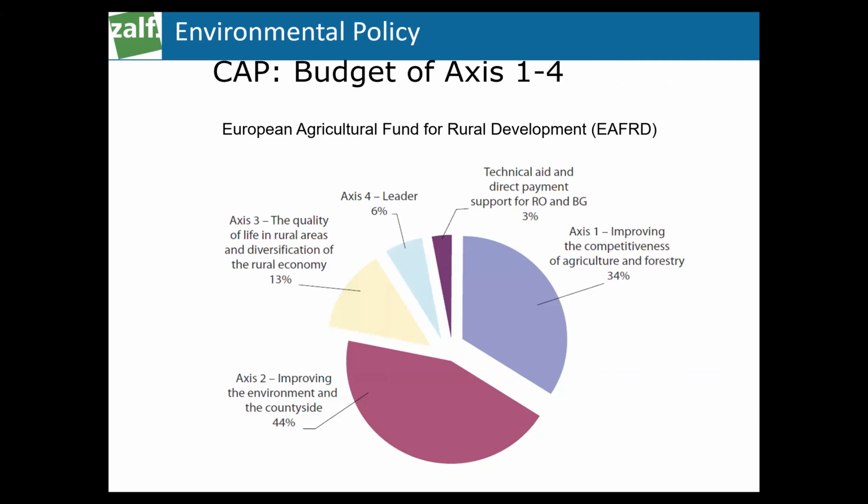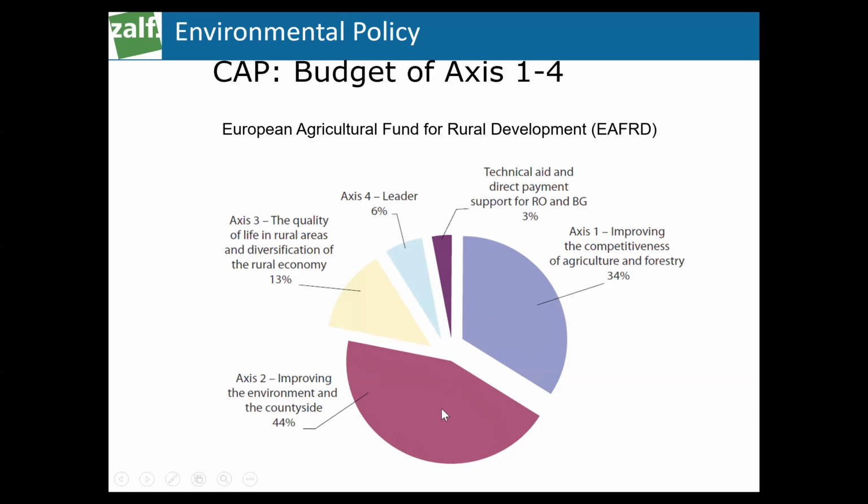If we look at those now, we can see that the budget, that very little is spent for the leader and for the technical support. Axis 3 for the quality of life in rural areas is 13%, and the biggest shares are improving the competitiveness, axis number one, and improving the environment.